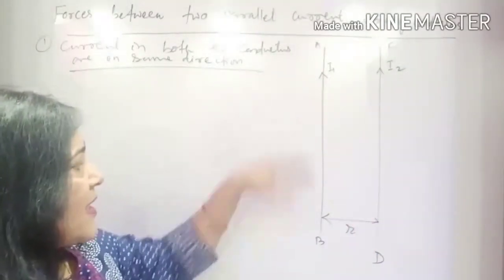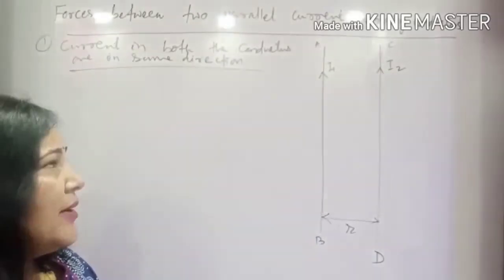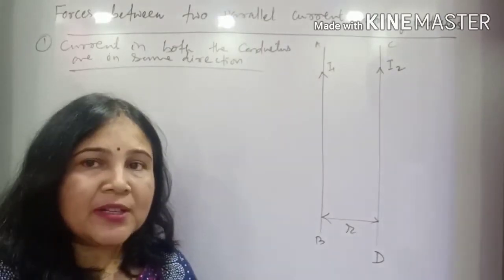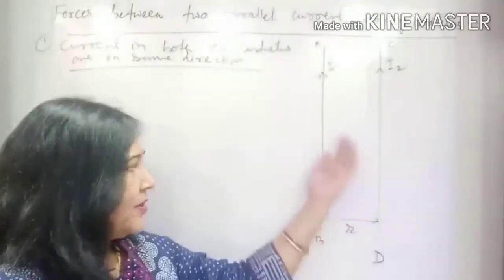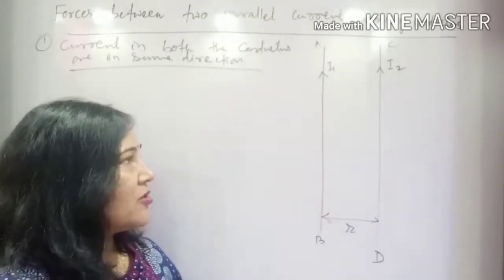Now, let's first consider the conductor AB, through which the current flowing is I1. And we know when current flows through a conductor, a magnetic field is produced all around that conductor. Now, what is the magnitude of this magnetic field due to a long straight conductor?